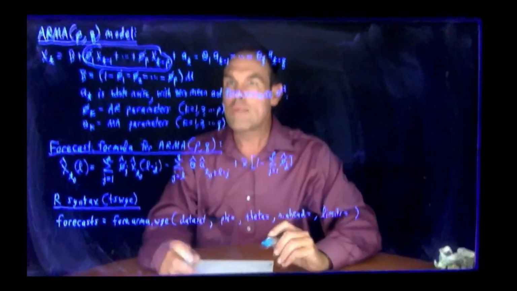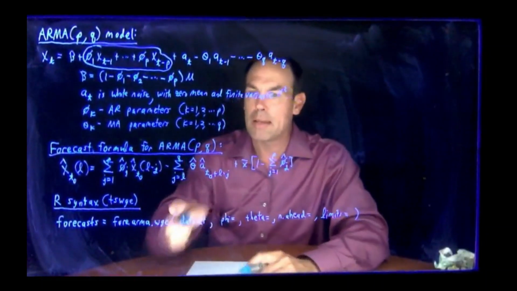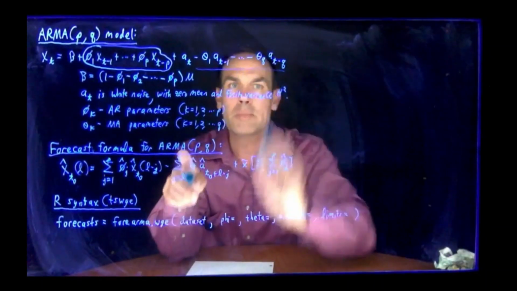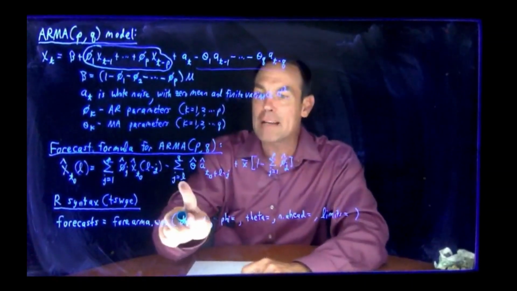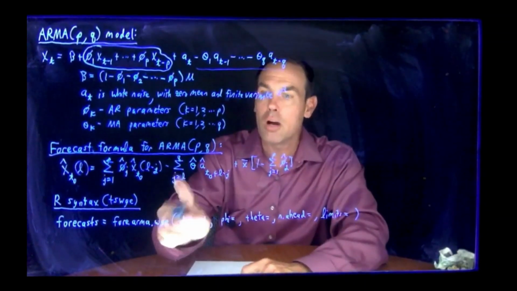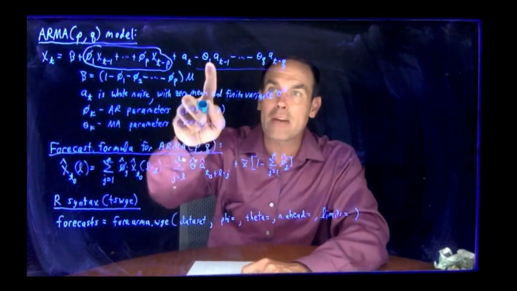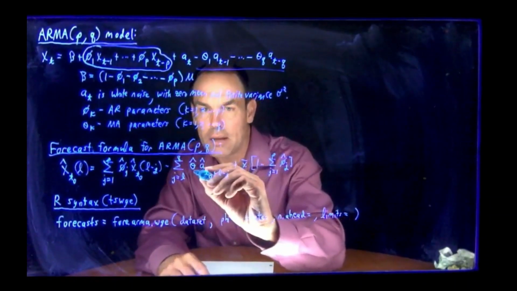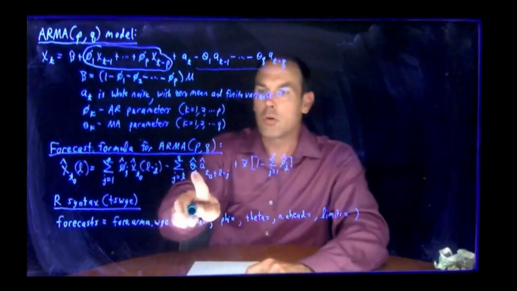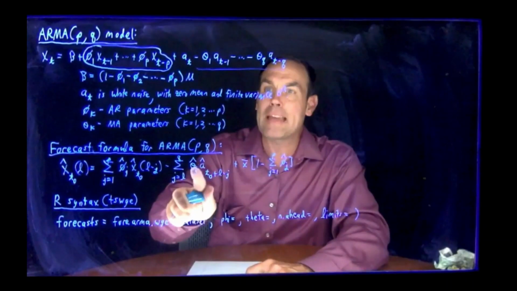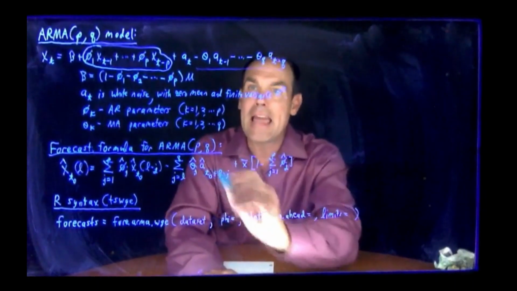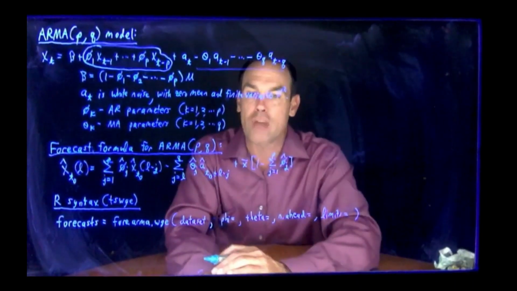And then we've got this part about the MA terms. The minuses come in, and it's minus the theta terms. So we have minus the summation from j equals 1 to q of theta hat j, so theta 1 gets replaced by theta hat j, and the a's get replaced by a hat of t naught plus L minus j.